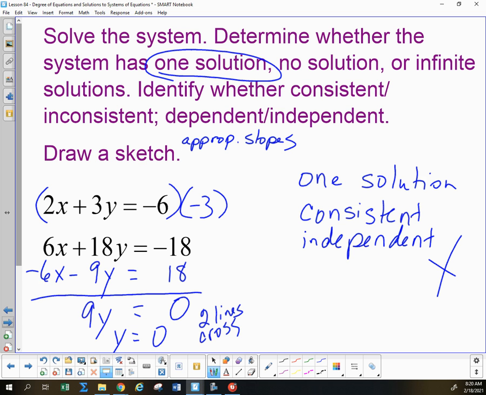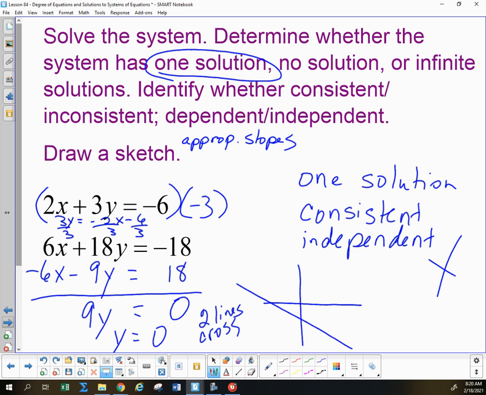So I would say on this one, I've got 3y is minus 2x minus 6. So I'm going to divide by 3, and I'm going to have a negative slope and a negative intercept. So let's see, a negative slope and a negative intercept. So maybe something kind of like that.